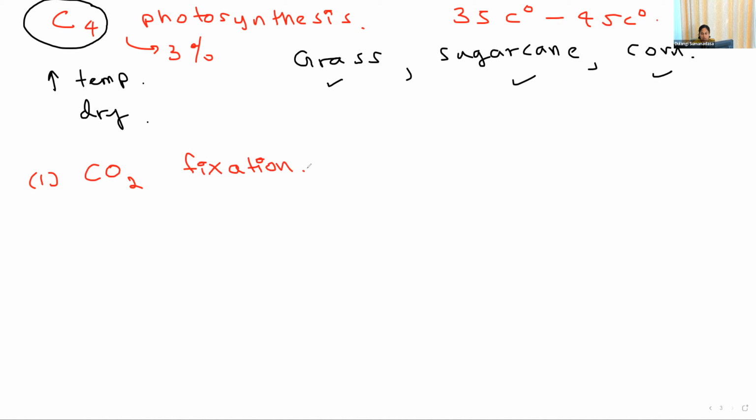If a plant is going to produce glucose, the first thing they must do is trap the carbon dioxide, right? Because carbon dioxide is the one that gives the carbon for the glucose. So the first step, for C4 or C3 or CAM, is fixing the atmospheric carbon dioxide. But for this initial fixation, the C4 plant is going to use something else, right? So I'm going to come back to this.